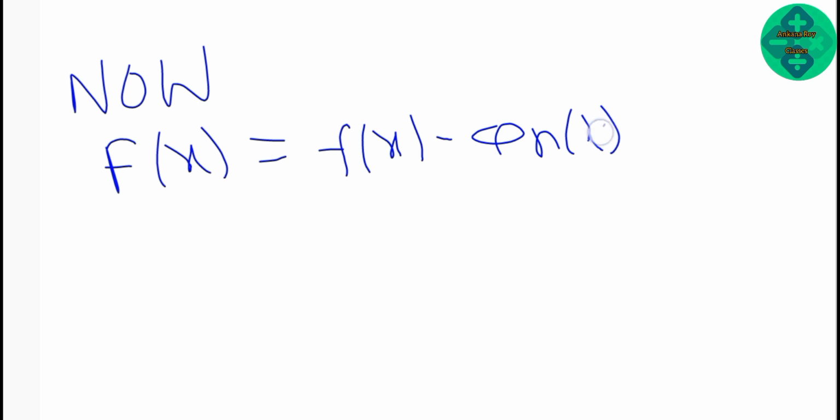Now, capital F(x) is equal to small f(x) minus phi_n(x) minus psi(x') into omega(x).